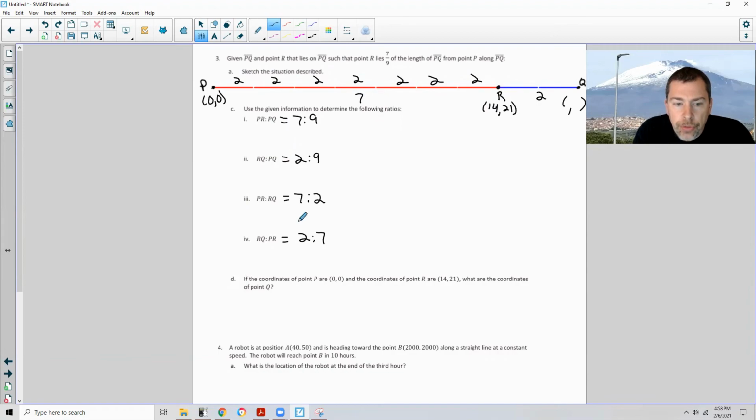Okay, so the coordinates of Q would be 2 more: 14, 15, 16, 17, 18, comma, and then to get here to 21, well then now these lengths are all 3, because 21 divided by 7 is 3.